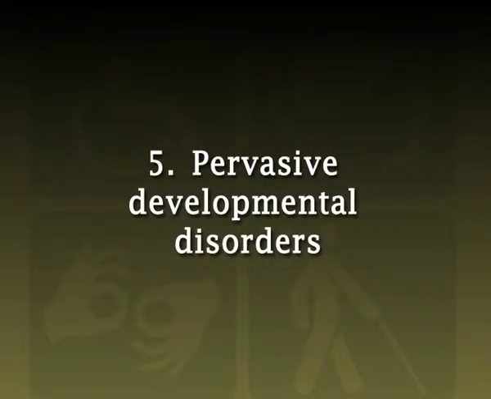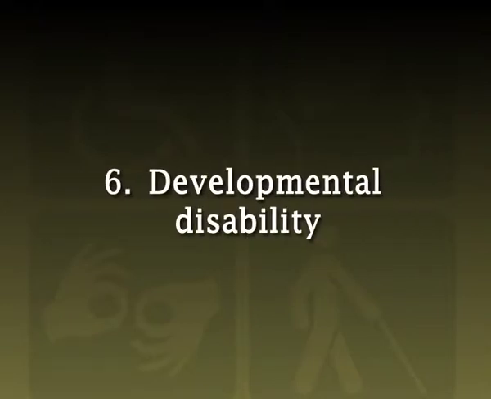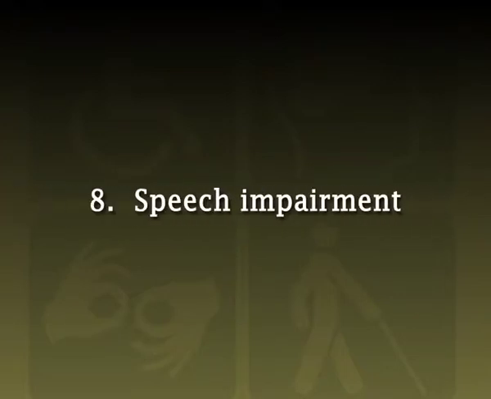Number 5, pervasive developmental disorders. Number 6, developmental disability. Number 7, non-visible disabilities. Number 8, speech impairment. The list is very long. In this particular text, we will be discussing physical disabilities, mental retardation, visual impairment, hearing impairment, speech impairment and the causes, functional limitations and characteristics.